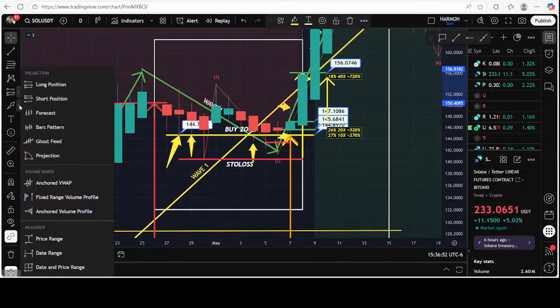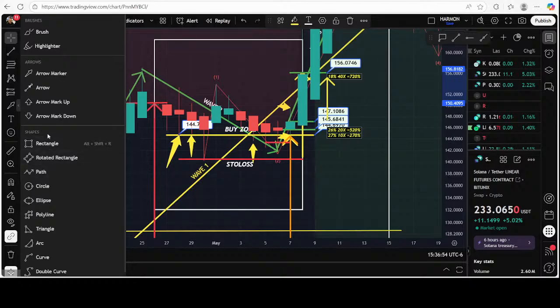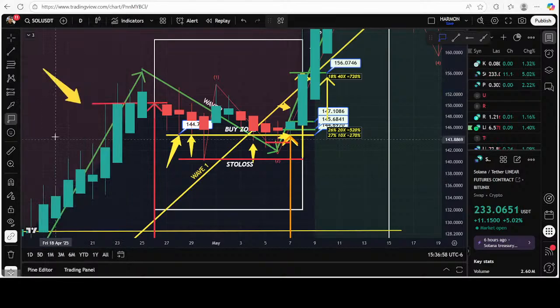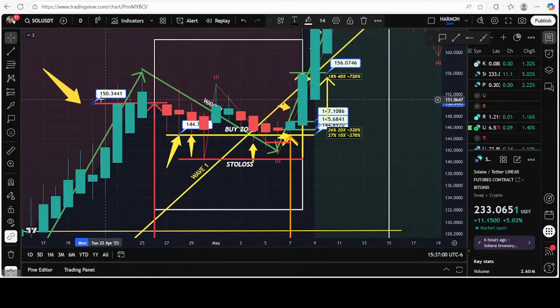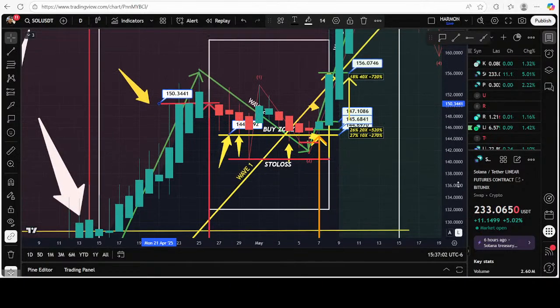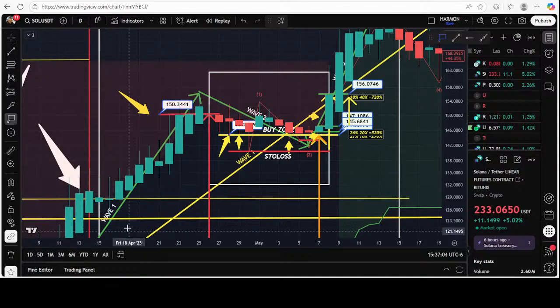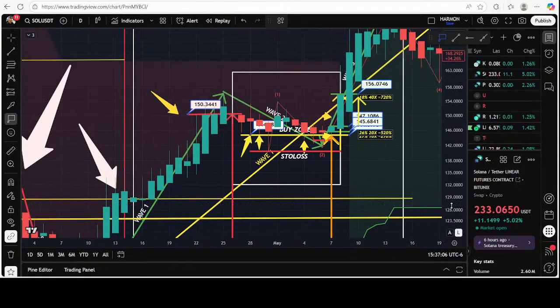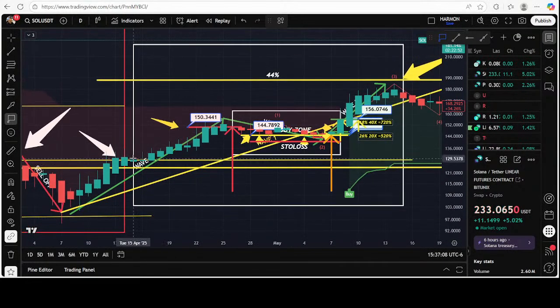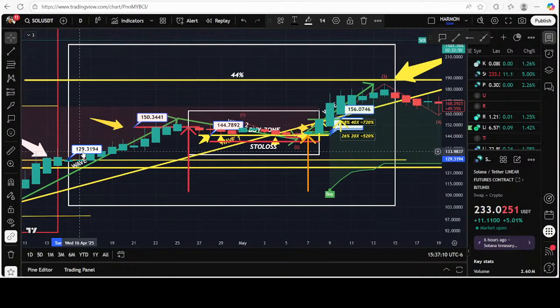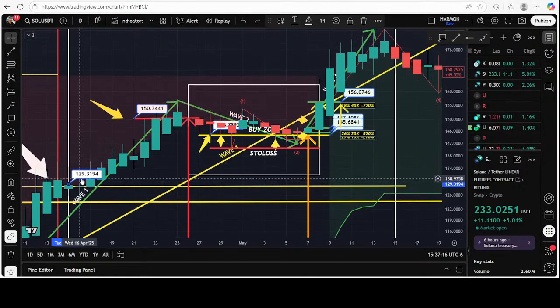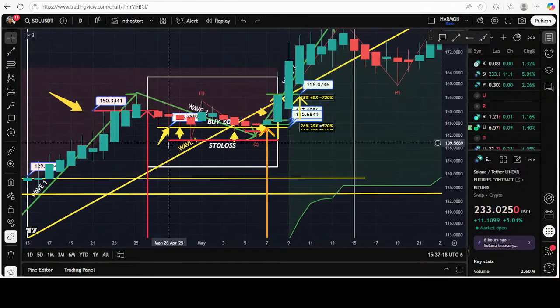This is the price that we would be taking profits, because the money has started to disappear. So this price here, Solana at 150, would be where we're taking. Don't forget, we entered Solana down here on the wave 1 entry. So Solana was entered at 129, 130. We're taking profits at the 150 mark, and then we have the pullback here.